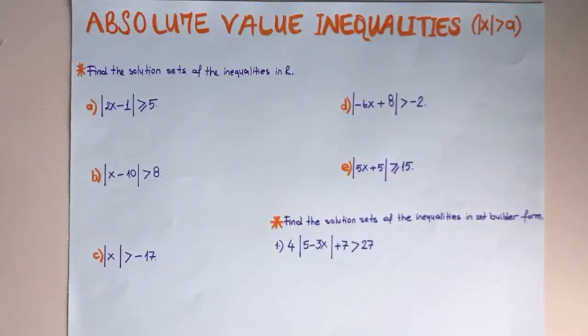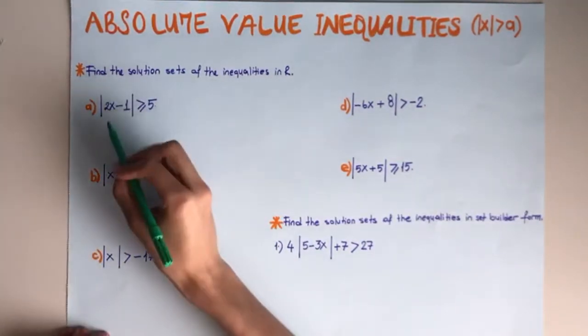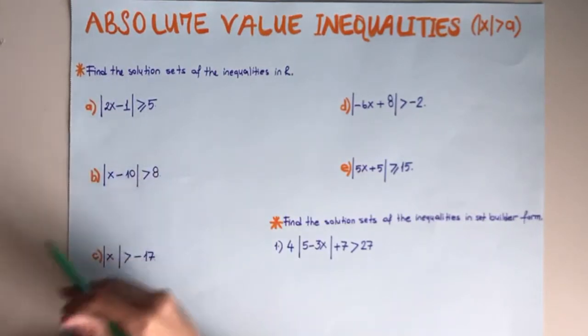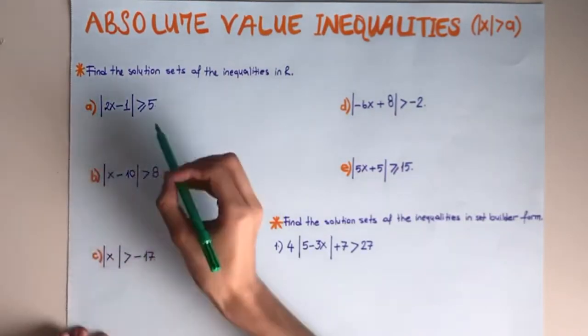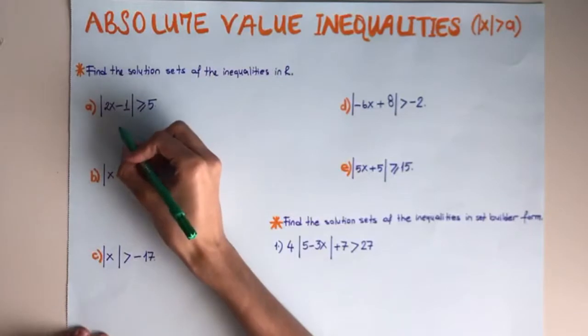Absolute value inequalities in the form of x in absolute value sign is bigger than a. Find the solution sets of the inequalities in real numbers. So for the first question, 2x minus 1 in absolute value is bigger or equal to 5. Let's do it.